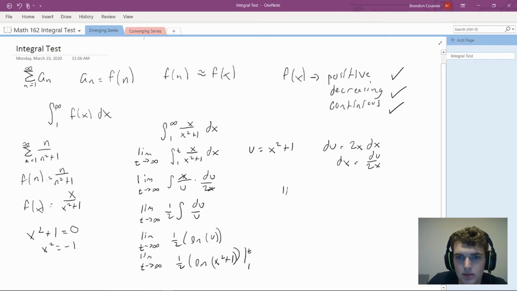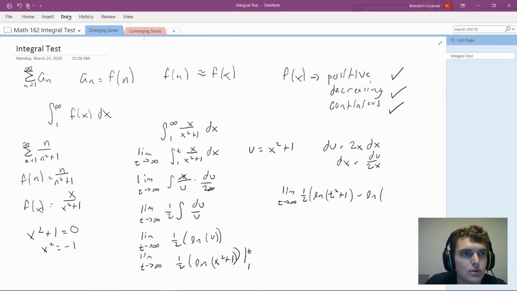Okay, so now let's go up here and plug in our bounds. So this is going to be the limit as t approaches infinity of 1/2 times, let's see, it's going to end up being the natural log of, so x, I'm going to plug in my t, so we get t squared plus 1, minus the natural log of 1 squared plus 1, which is just going to be 2.